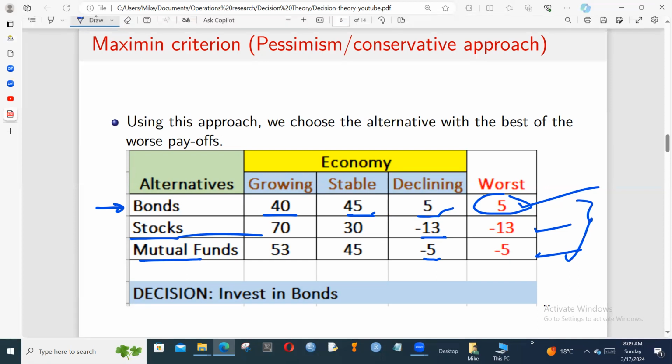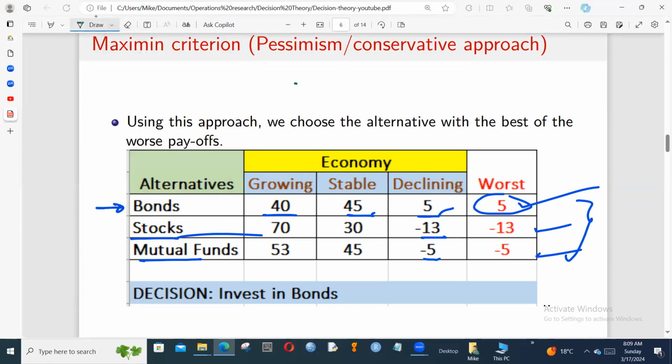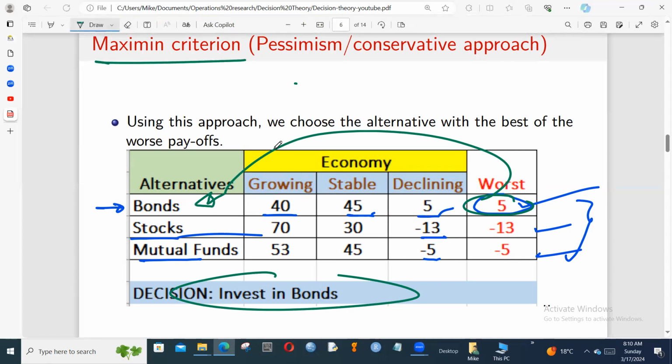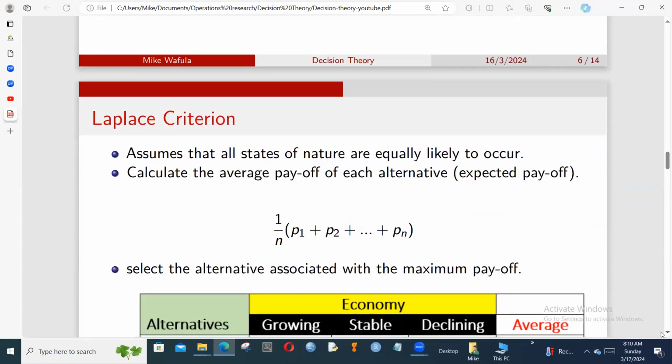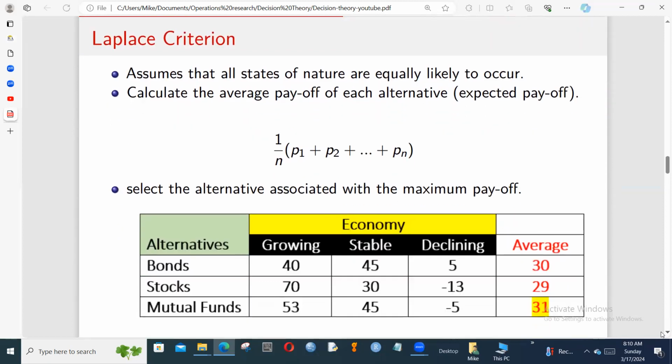So based on the Maximin criterion, one would opt to invest in bonds, because bonds gives us the best worst payoff. So invest in bonds, that becomes the decision. The decision to invest in bonds is based on that particular criterion of a pessimistic decision maker, or pessimism. The next criterion under this environment of uncertainty is the Laplace criterion.